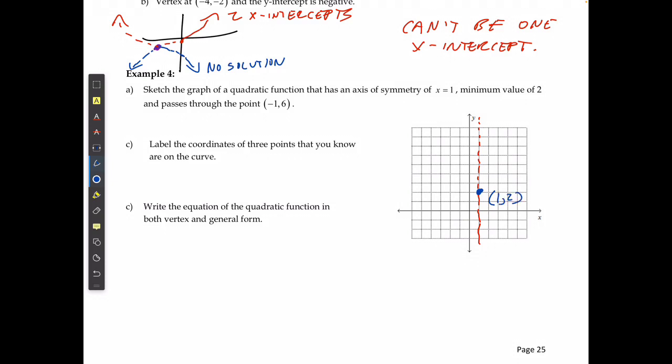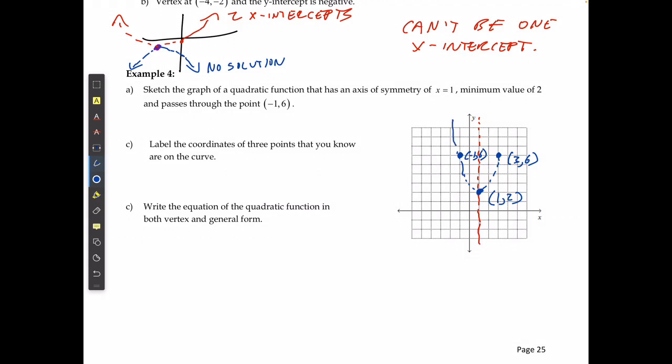It also passes through the point of -1 and 6. So if I have the point of -1 and 6, because it's going to be symmetrical about the axis of symmetry, it also has to run through the point of 3 and 6 in order to be symmetrical on both sides of that axis of symmetry.